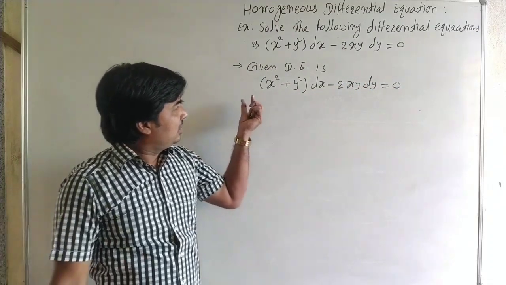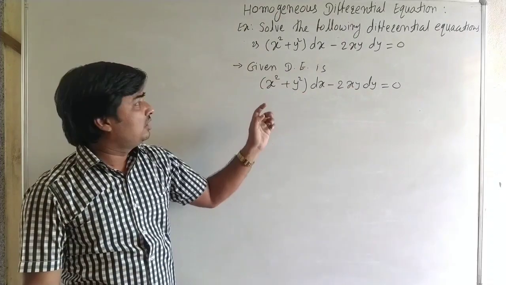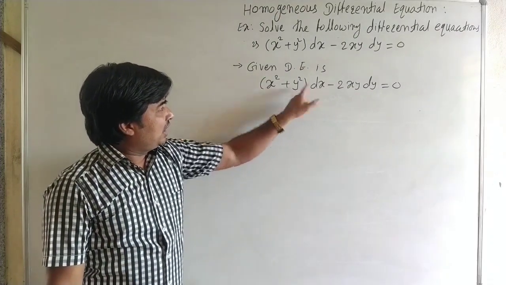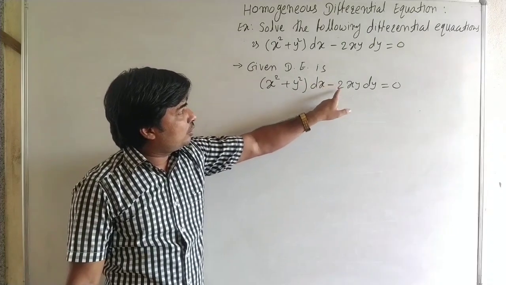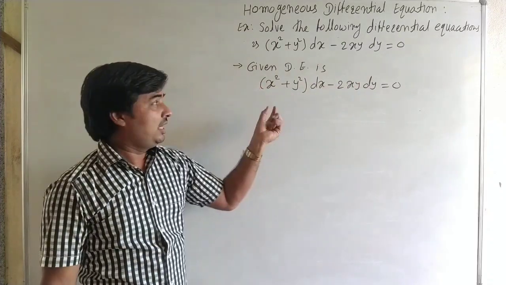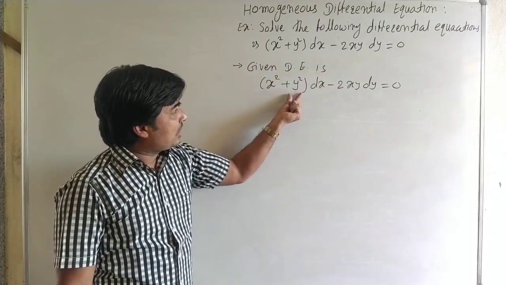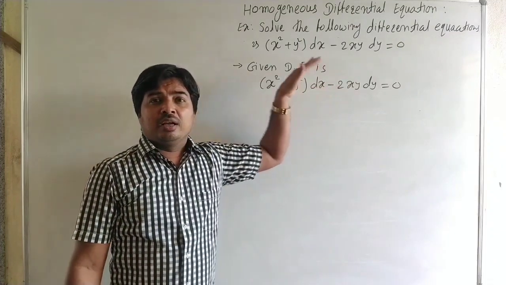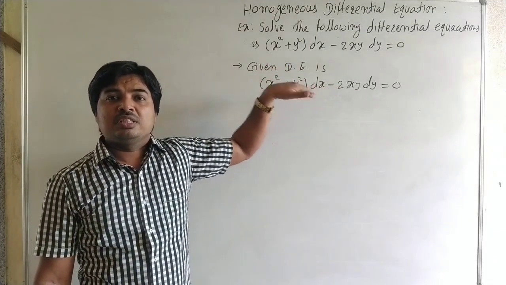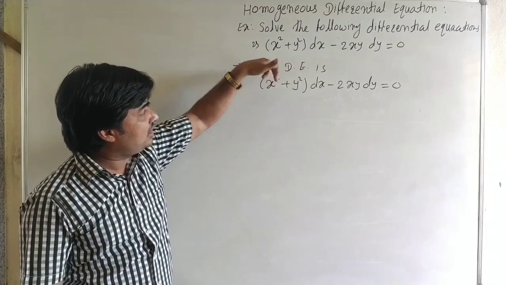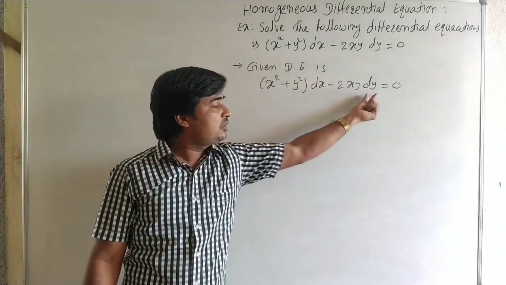Here, clearly in this equation there are three terms, x square into dx, y square into dx, and 2xy dy. And here the x square, y square, and 2 into xy, the degree of all three terms is the same. That means it is a second degree homogeneous equation, and there are the differential coefficients.